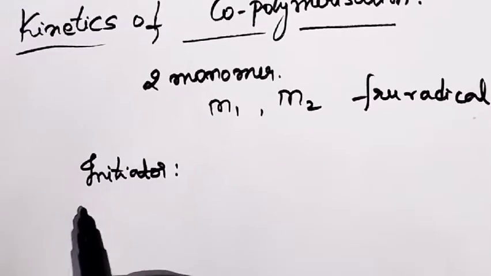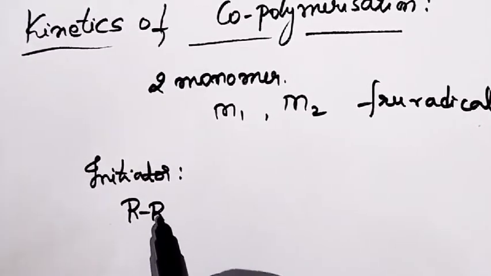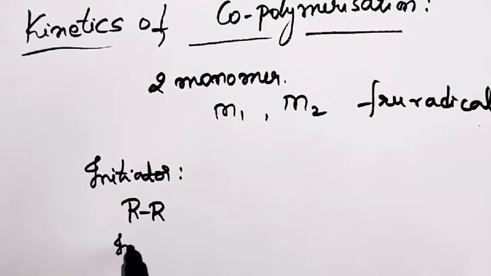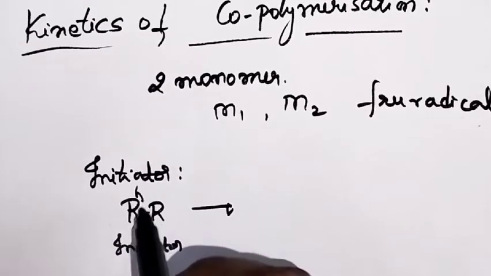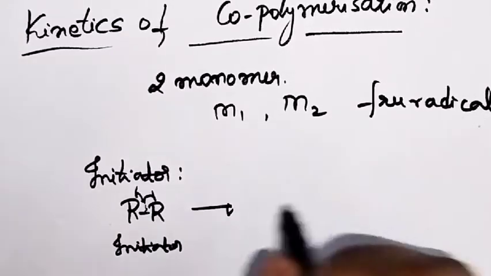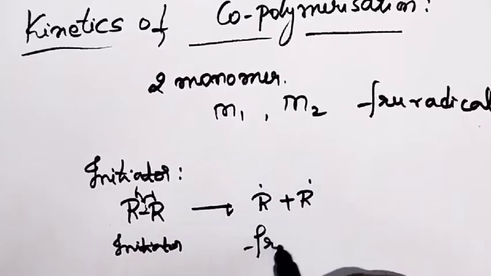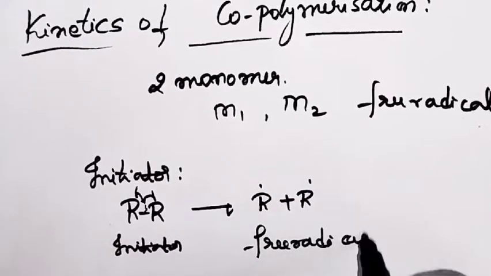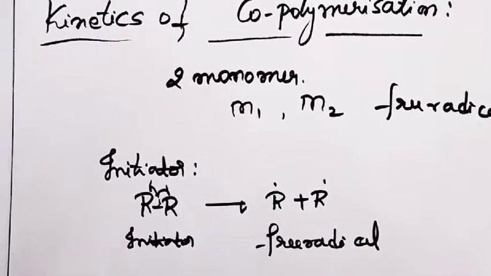I call the initiator R2. This is the initiator. Now it will cleave homolytically, that means one electron goes with this R and the other electron goes with the other R. So you will get two free radicals, generated from the homolytic cleavage of the initiator.